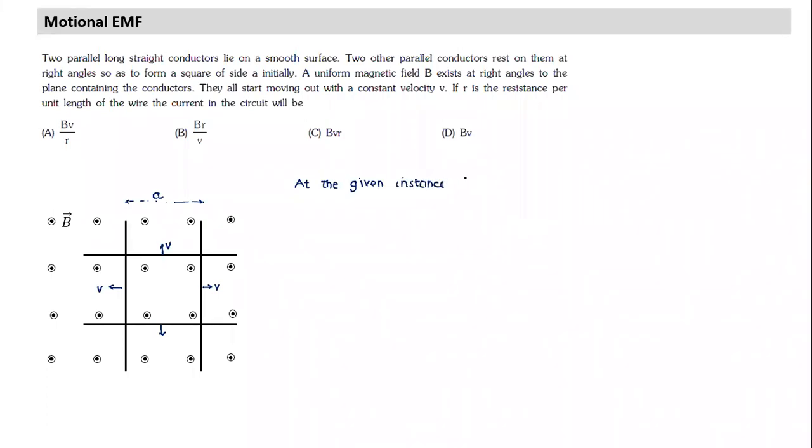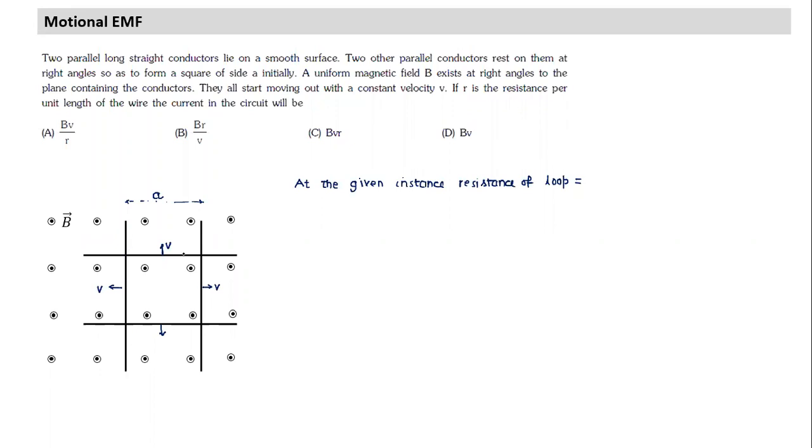Anish, what is the resistance of the loop? This is a loop which is formed. What is the length of the loop here, Anish? A, each side is A. The length of the loop will be 4A.